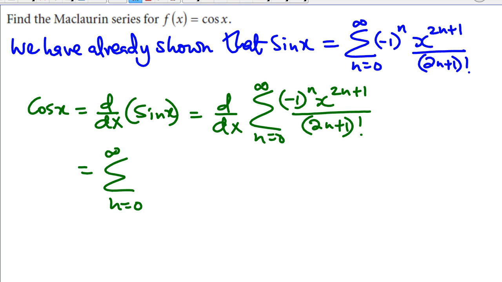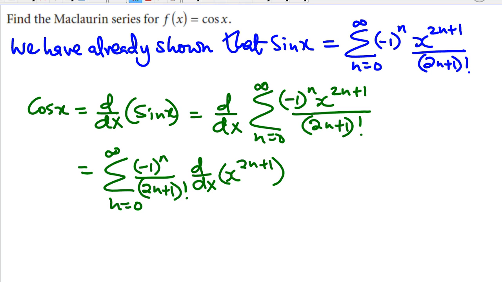now what I'm going to do is factorize the terms that won't be affected by these derivatives. So that will be x to the power 2n plus 1. Basically, I'm not going to differentiate negative 1 to the power n with respect to x, so that's why I factored it out.